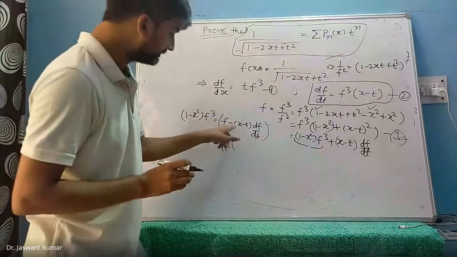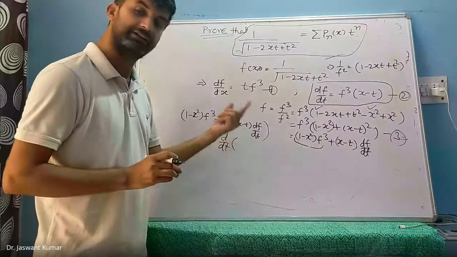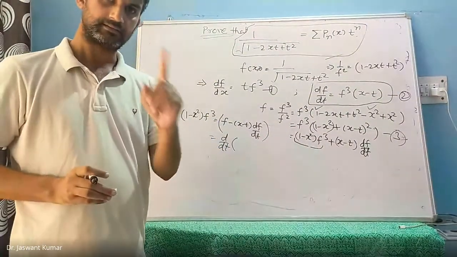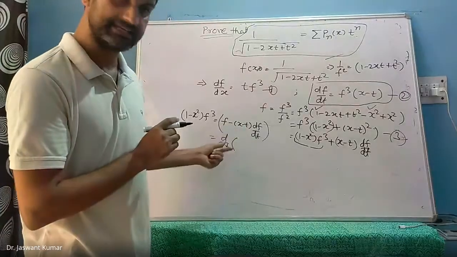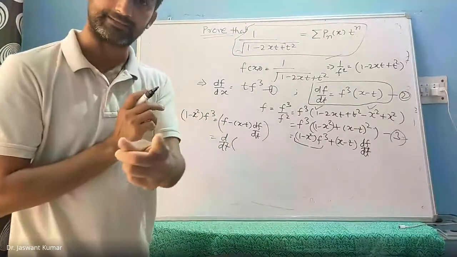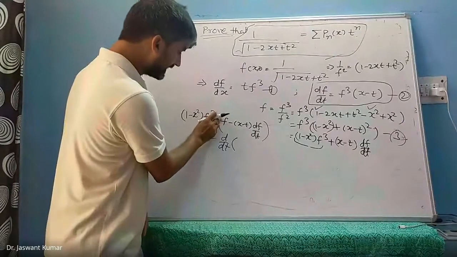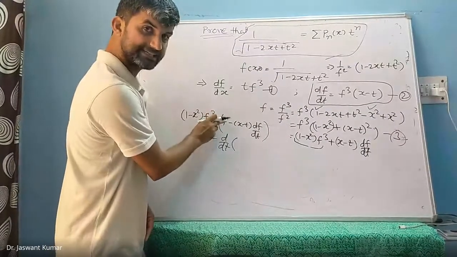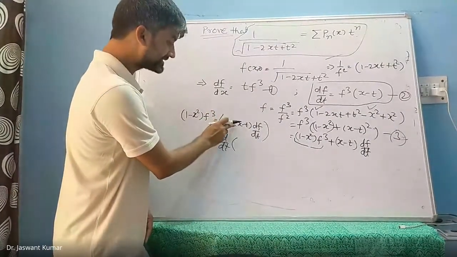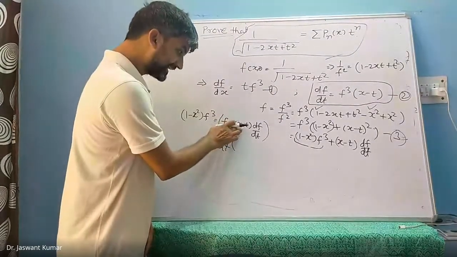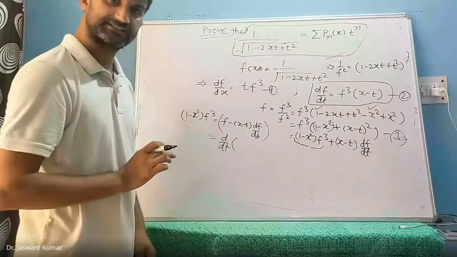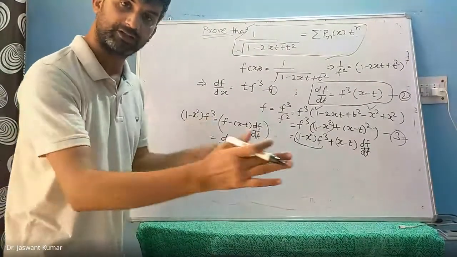Minus of x minus t d by dt will be equal to 1. So this is like d by dt of minus x minus t into f, or plus, whatever, then the second function and d by dt of the first function. So this is like d by dt of the product of two functions.